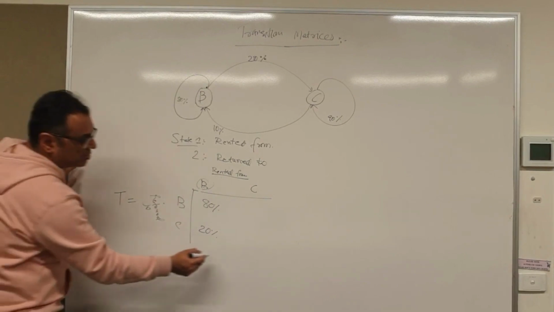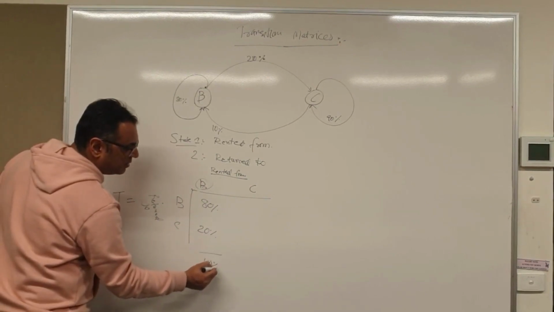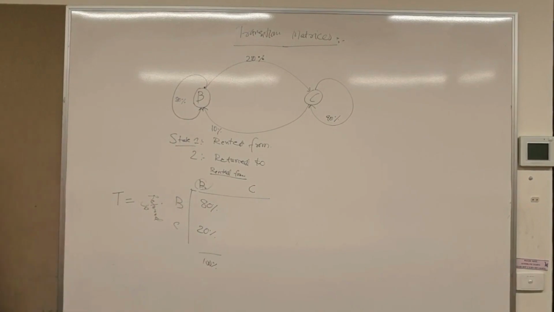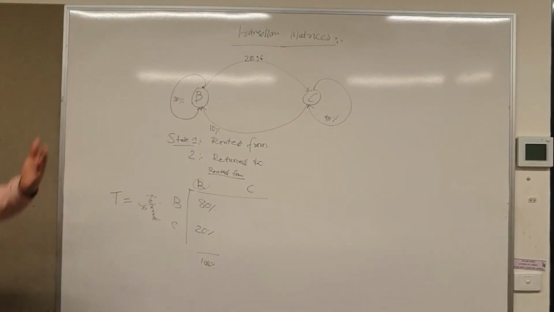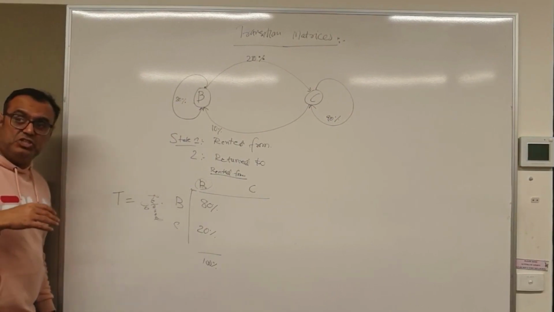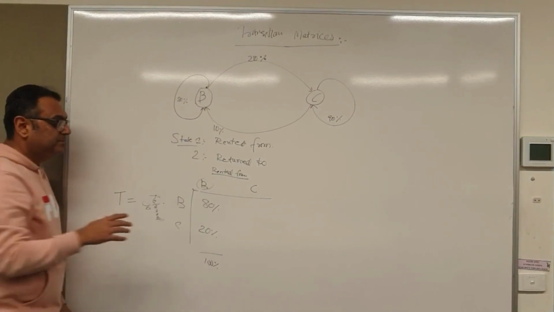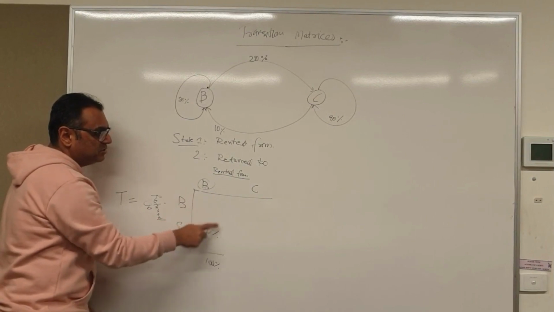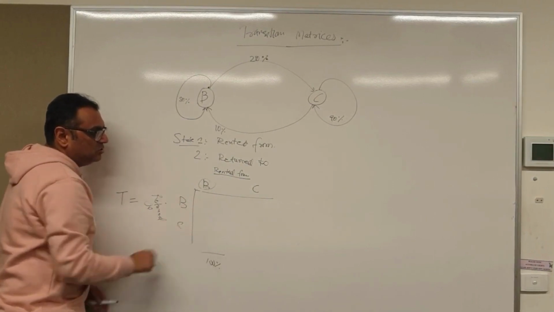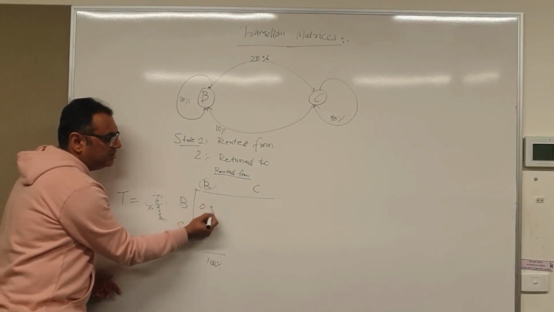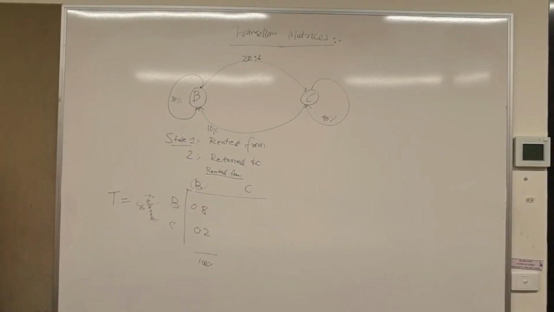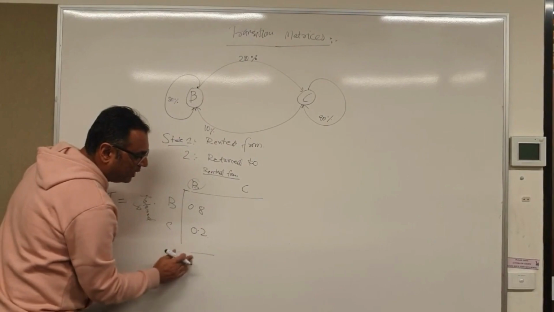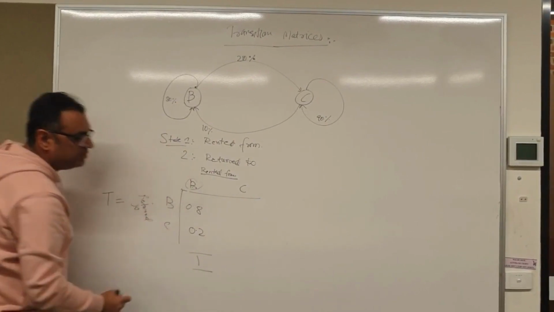So your total is always 100% at a column level. Now, I don't really write percentages in this world. I write them as decimals. So this is basically 0.8 and 0.2. And they should always add up to 1. Always, always.